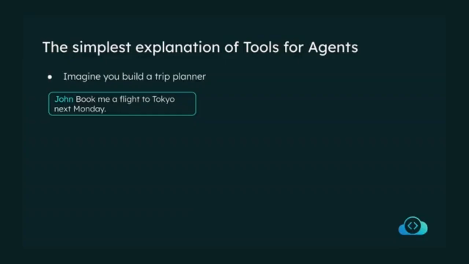If I prompt the agent, book me a flight to Tokyo next Monday, I expect my agent to extract meaningful details out of my message, which is I want to set the destination to Tokyo and date to next Monday. But now with the introduction of tools, my agent would be able to call specific functions and pass these fetched variables as parameters to that function.